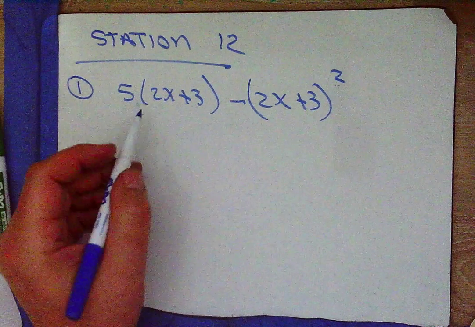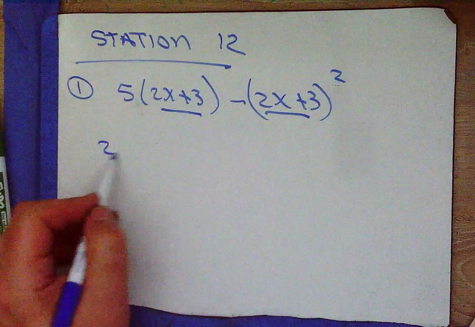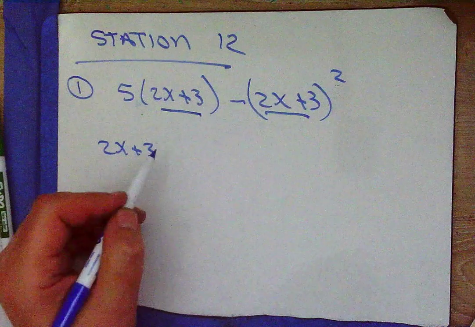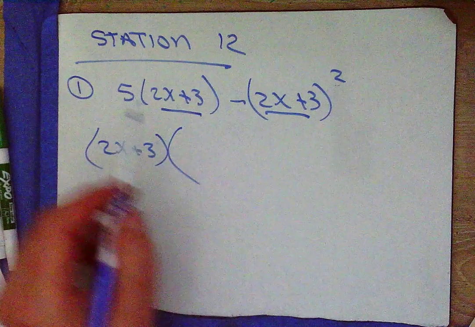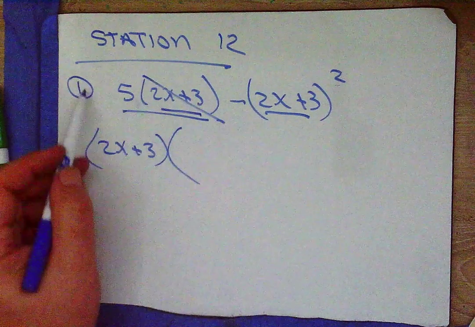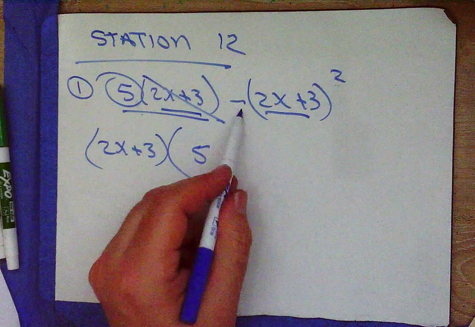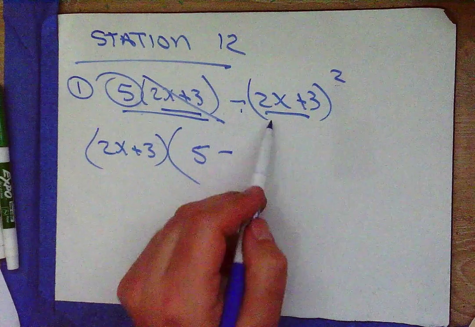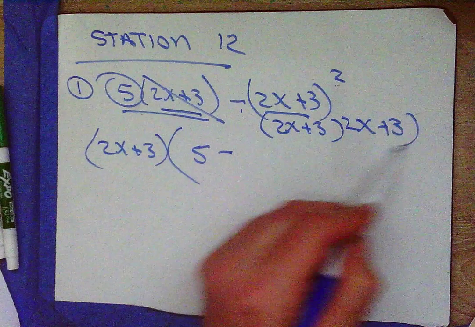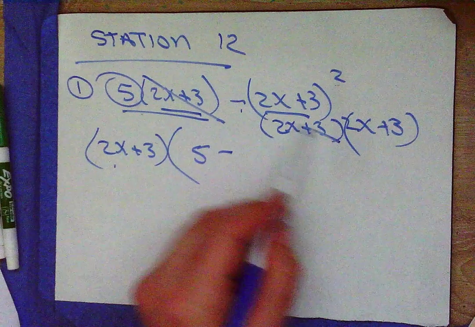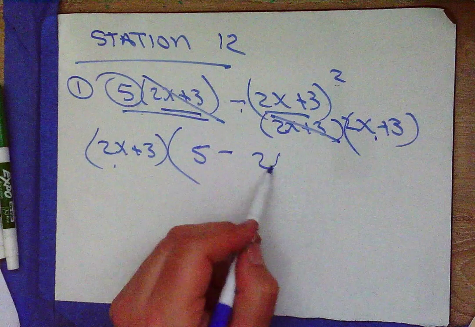Okay, welcome back. I notice that these two terms have a 2x plus 3, so I'm going to factor out that 2x plus 3. What am I going to be left with from the first term? Well, I took this out, so I've got a 5. Now my minus sign. Now this is 2x plus 3 times 2x plus 3, and I factored one of them out, but I still have a 2x plus 3.